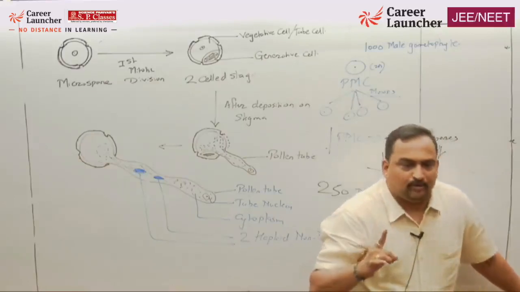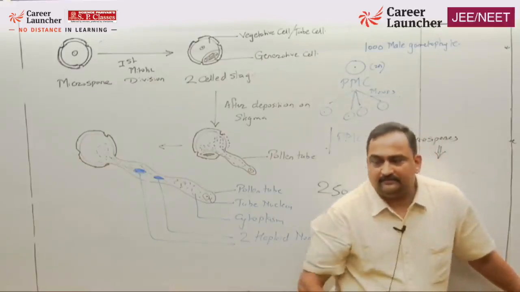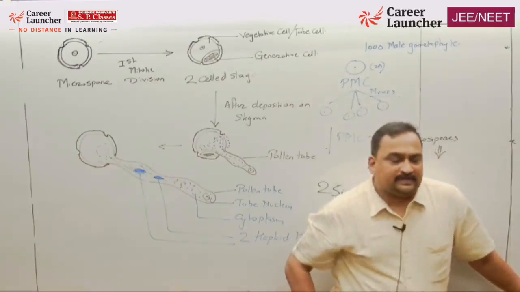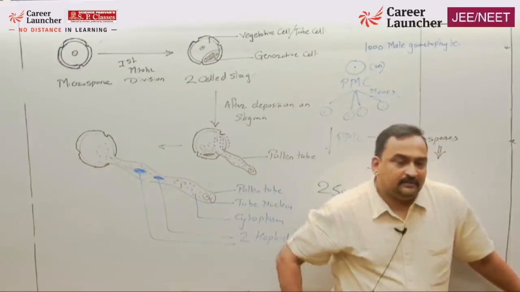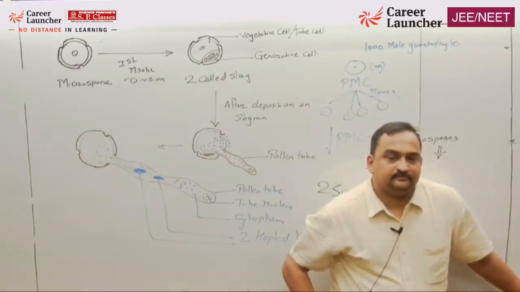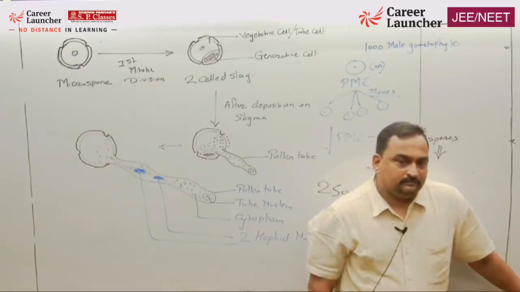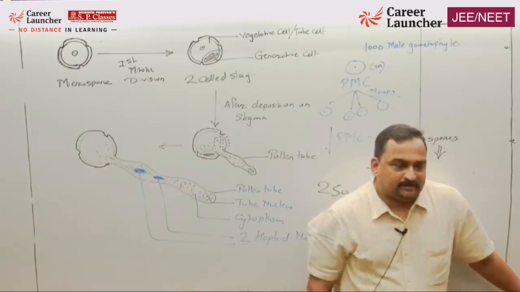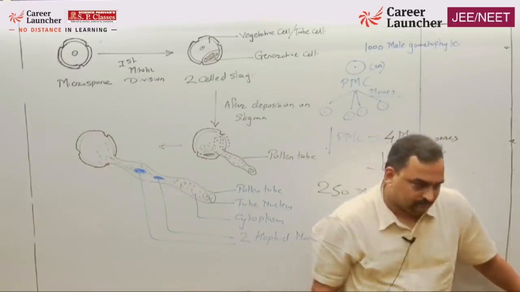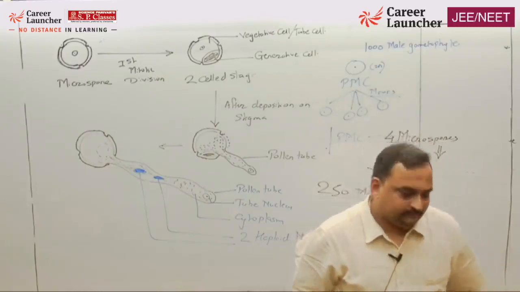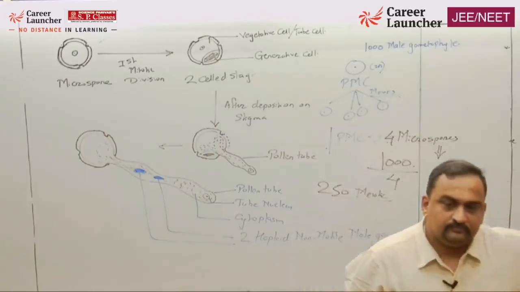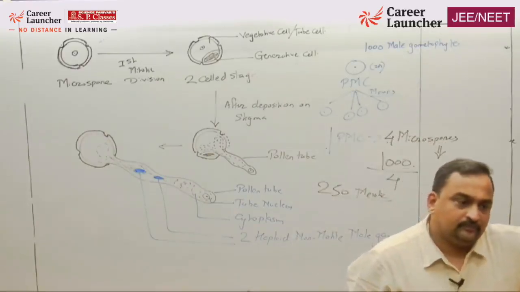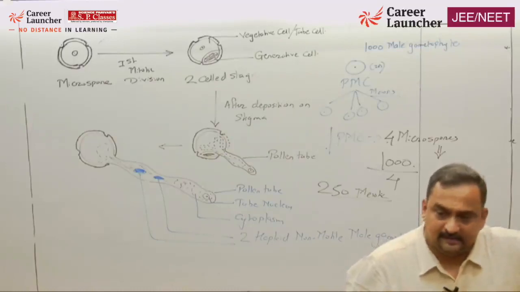One microspore mother cell, one pollen mother cell, divides by meiosis to form 4 pollen grains.